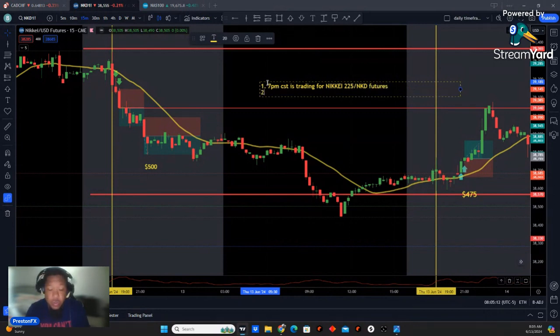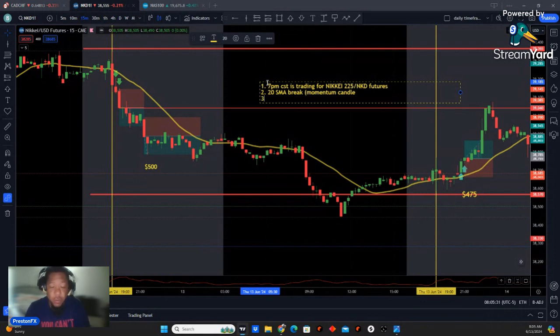Number two, 20 SMA. Break. Momentum candle.